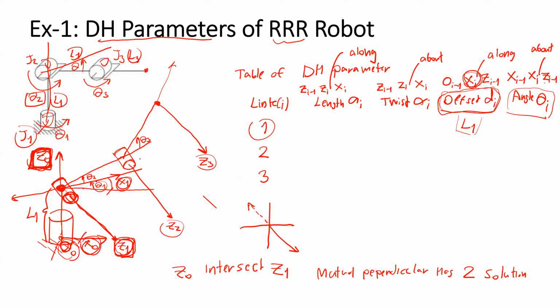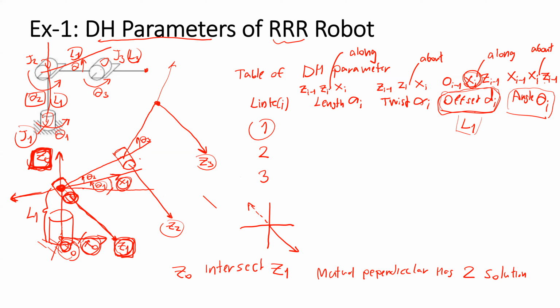It will be this angle. But if we select X1 in the opposite direction, we need to add 180 degrees, which increases the complication. So we select X1 in this direction.